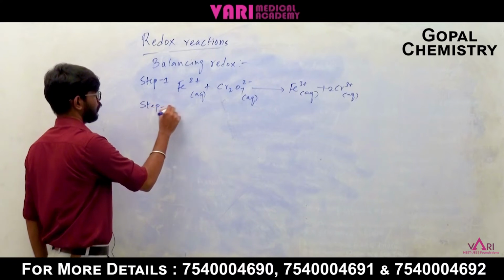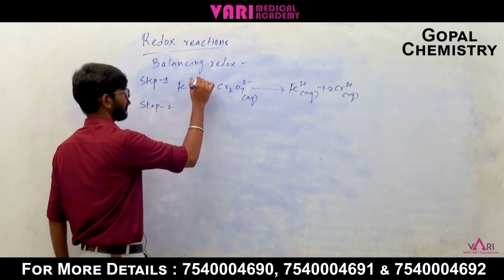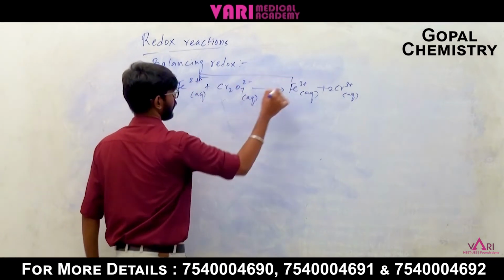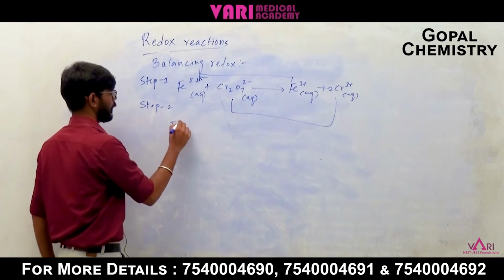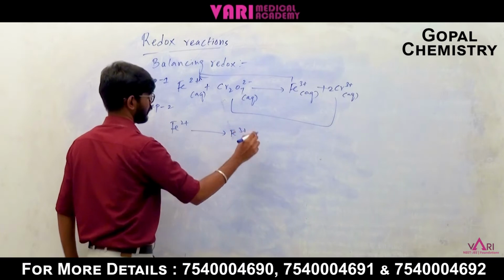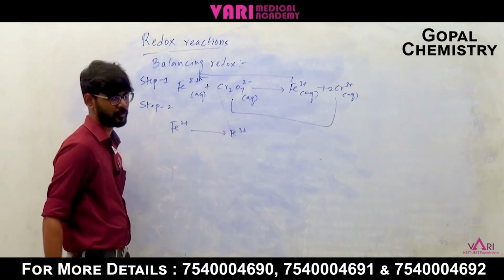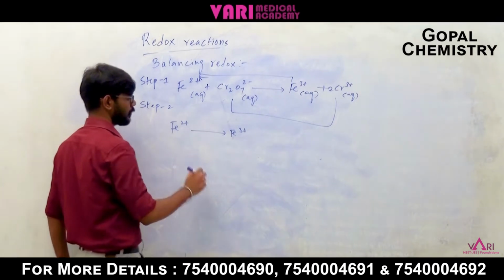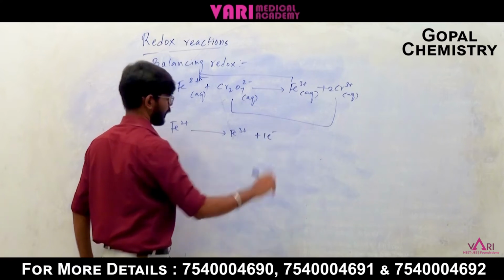Step 2: we have to write the half reactions. This one is a half reaction, and this one is a half reaction. First, Fe2+ gives Fe3+. So 2 plus to 3 plus, oxidation is taking place, so it will give electrons.